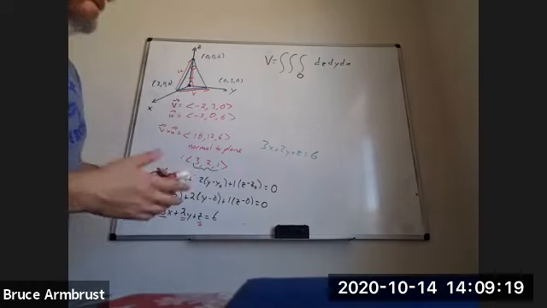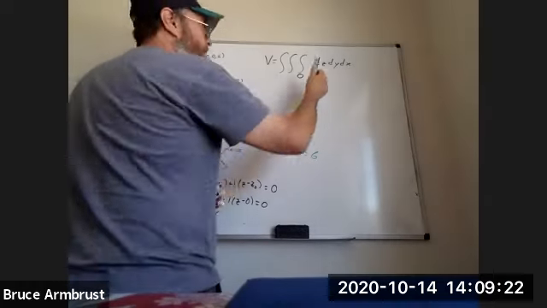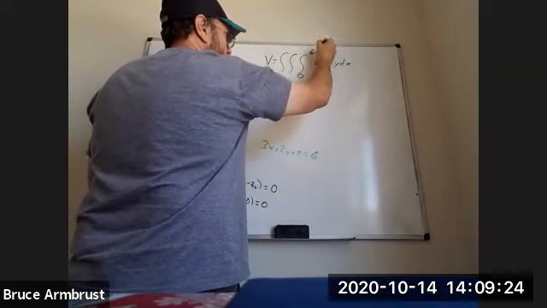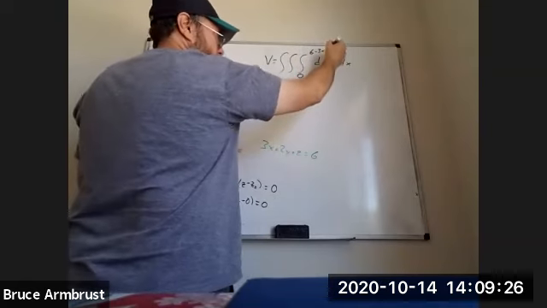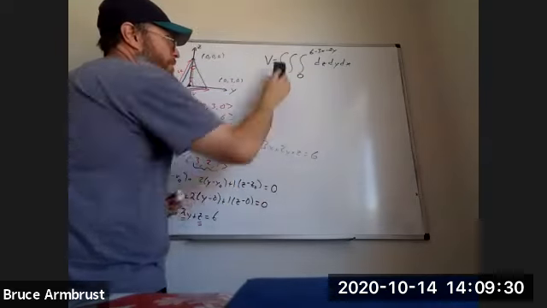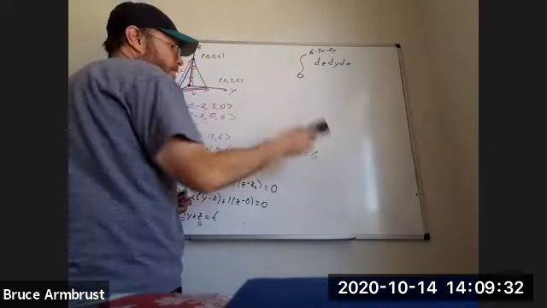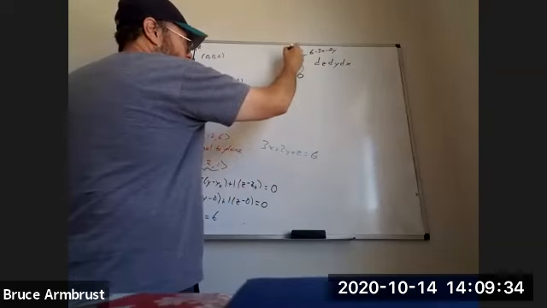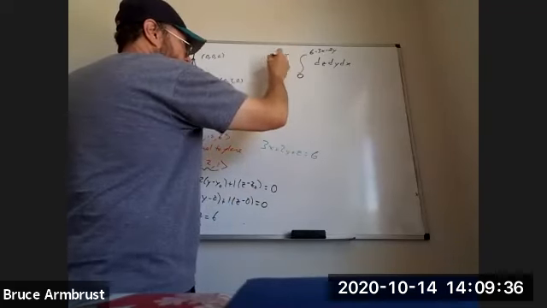All right, if I solve that for Z, that's going to be 6 minus 3x minus 2y. So there are the bounds on my Z integral.